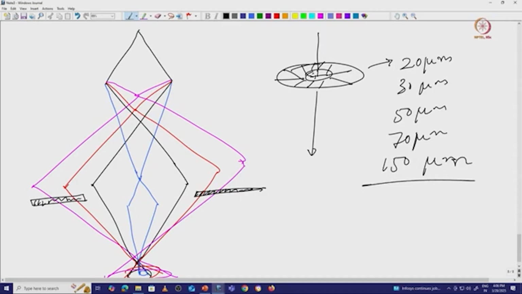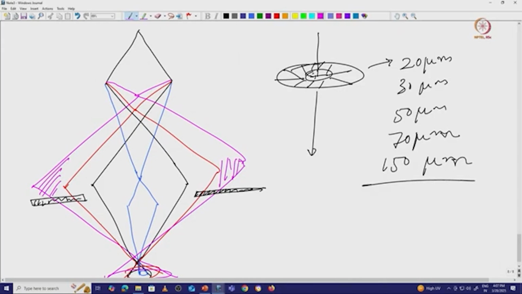So you will get different hole sizes; just consider the diameter we are using. Now when you use this diameter, what is going to happen? If you look at the pink, many rays are coming, and all these pink rays are blocked here.